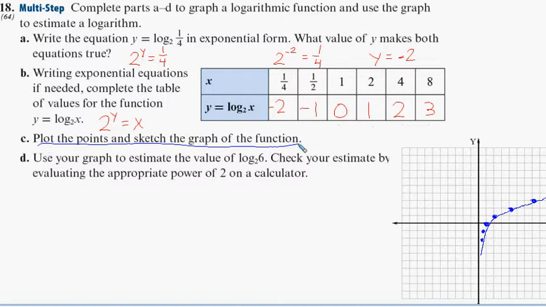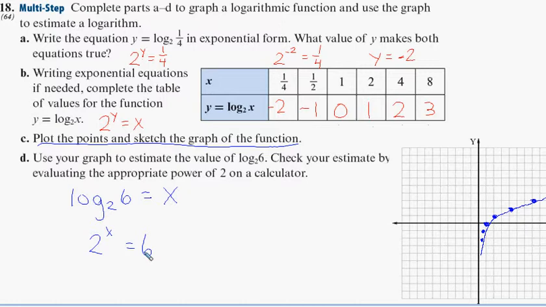Now use your graph to estimate the value of log base 2 of 6. Okay, so log base 2 of 6 equals what? We don't know. So remember, it's 2 to the x. See, you can see it much better when you write it as an exponential function. 2 to the x equals 6, all right? We'll come up here to your table, people.